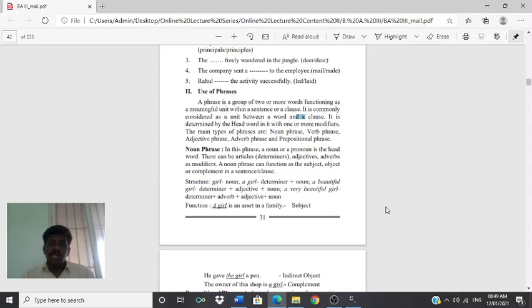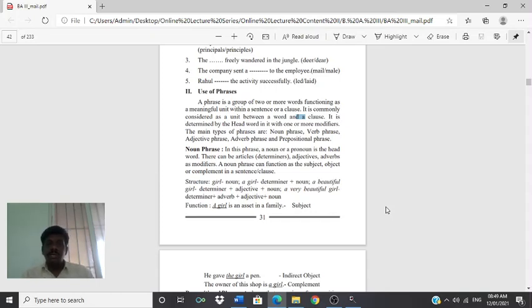It is commonly considered as a unit between a word and a clause. So you can understand that it is a unit that came in between the word and clause. We can't say that it is a clause, or we can't say it is just a word. So it is a group of words that has a function in a sentence.